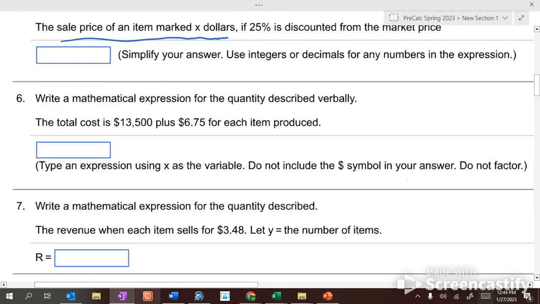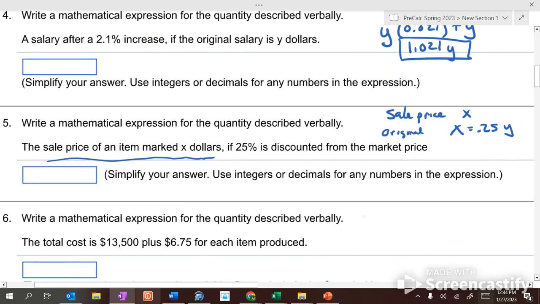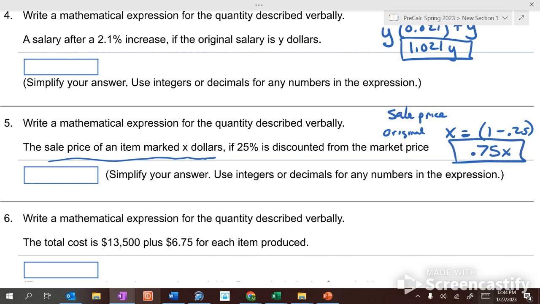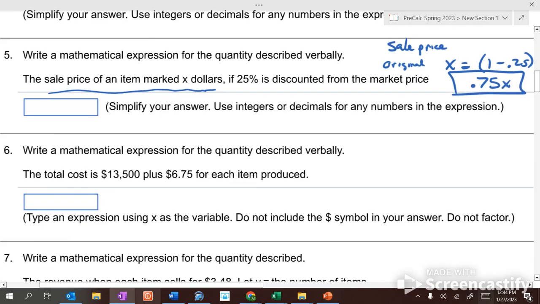The sale price is the original price minus 25%. So the sale price is 75% of the original price. Okay, there we go.